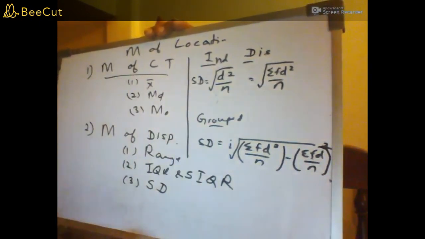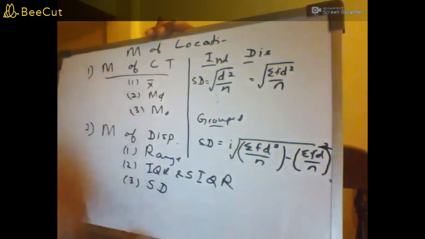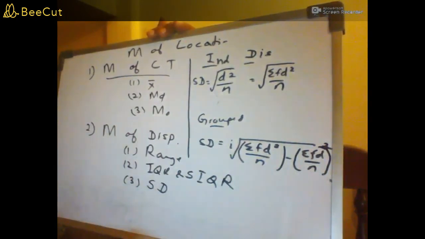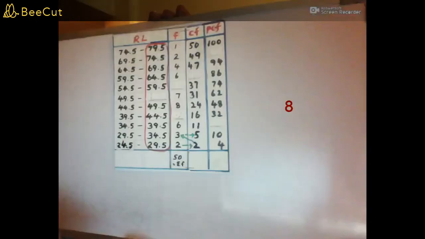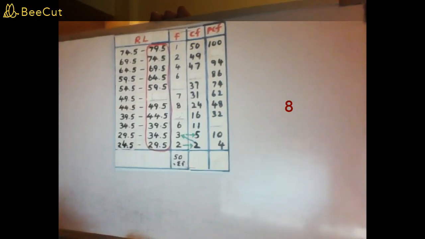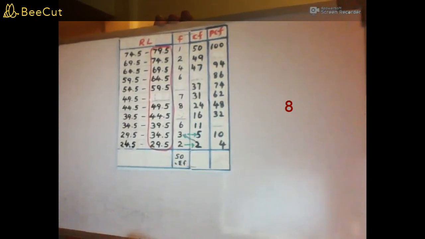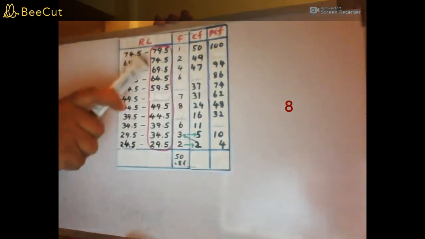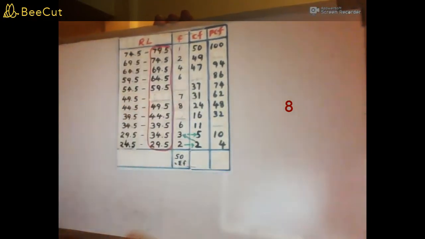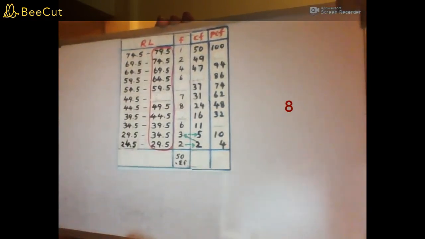The measures of location, all three, for individual data, discrete data, and group data. Now I'll discuss something useful to you. I think you have seen these things in the first paper. They will give you real limits, frequencies, cumulative frequencies, and they leave out certain blanks and you will have to fill them.